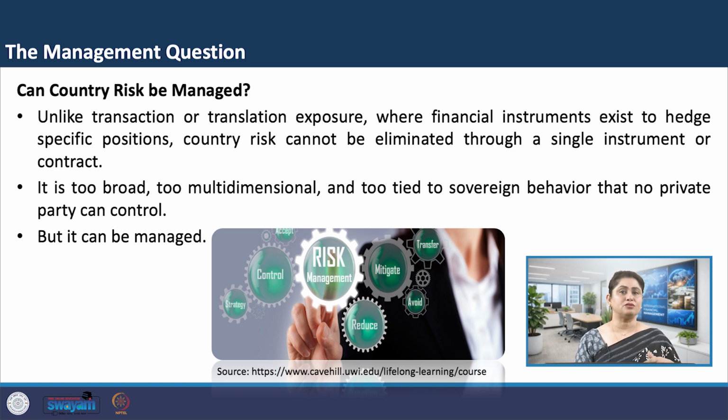Firms that invest thoughtfully, structure carefully, and engage actively with the host country environment can substantially reduce both the probability of adverse events and the severity of their consequences if they do occur.